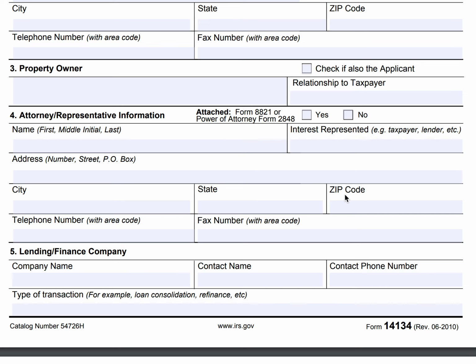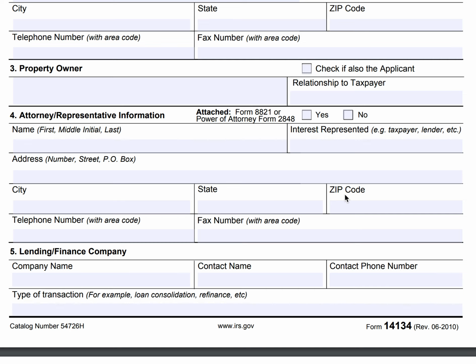If you have a representative or a power of attorney, then you would enter that information there, and also keep in mind that you're going to have to attach the power of attorney form, IRS Form 2848, or you can attach a copy of IRS Form 8821, which is the tax information authorization form.